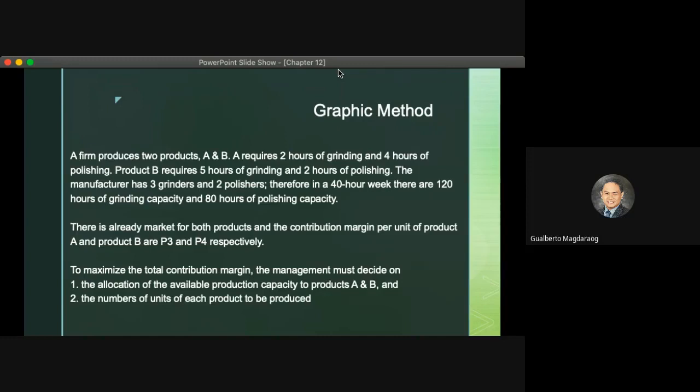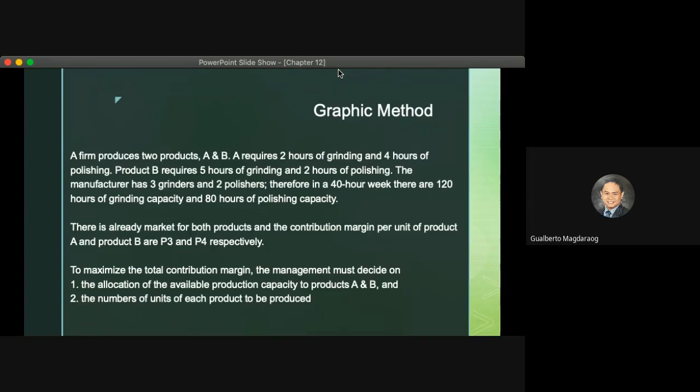Otherwise, you need to create something na equal ang sides so that you will be able to plot the correct lines. Pag hindi po kasi equal yung mga squares, there's a possibility na hindi mo tamaan yung tamang lines. So you may use graphing paper whenever you apply graphic method in linear programming.